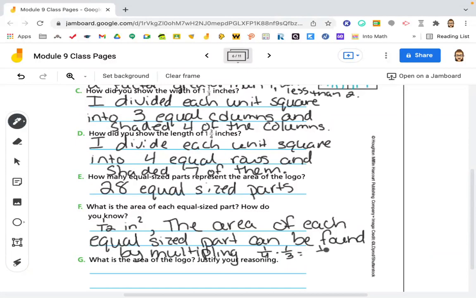And that equals 1/12. So then it says, what is the area of the logo?